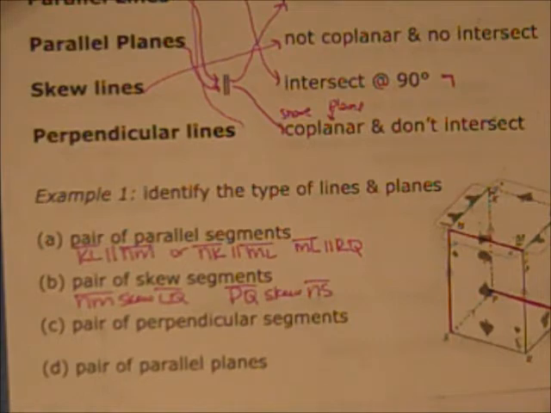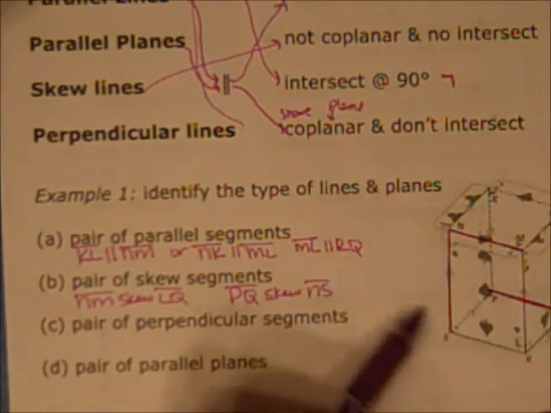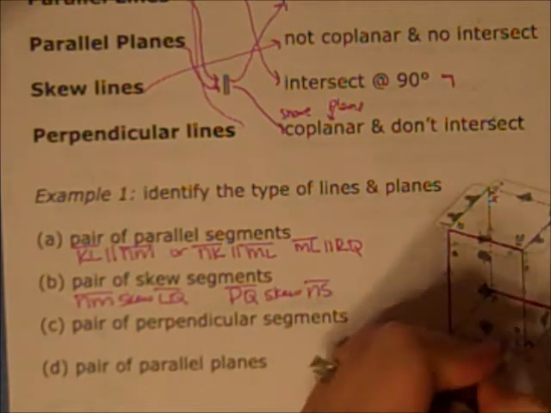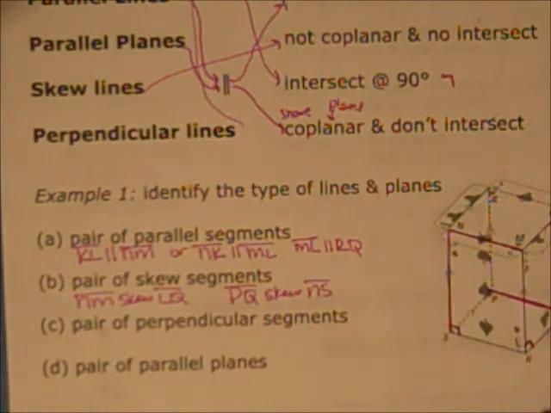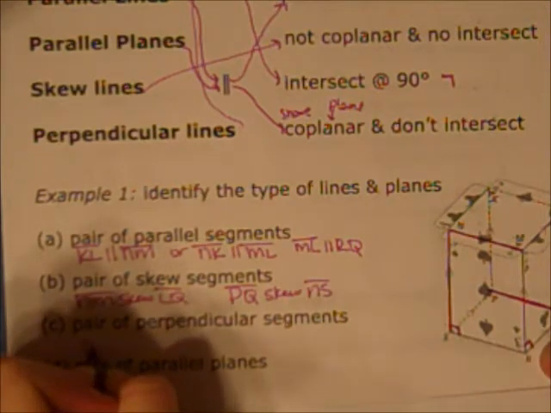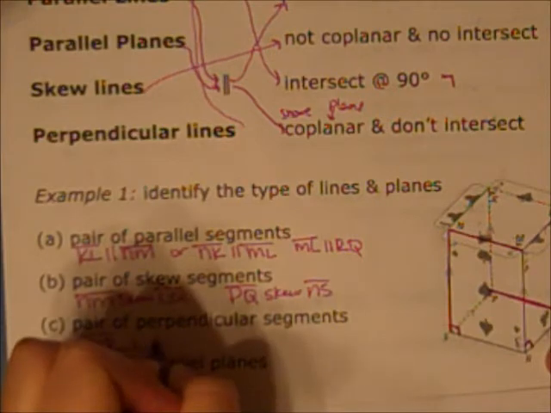Good, very good. Okay, perpendicular is going to happen, this is a rectangular prism, so it's going to happen anywhere you see these right angle marks. I don't know if you can see them very clearly on your notes. So find a right angle mark and find those two lines. So for this right angle mark, I can choose MR is perpendicular with RQ.